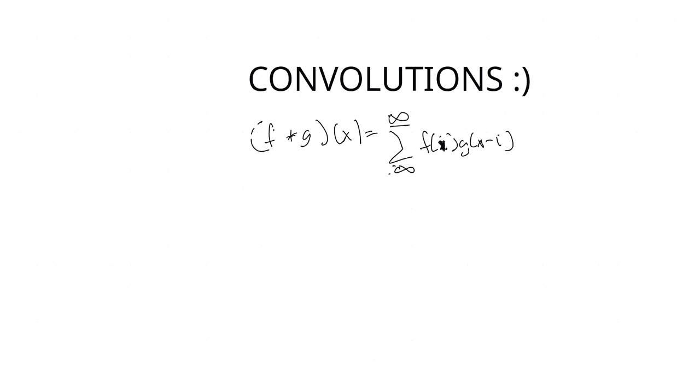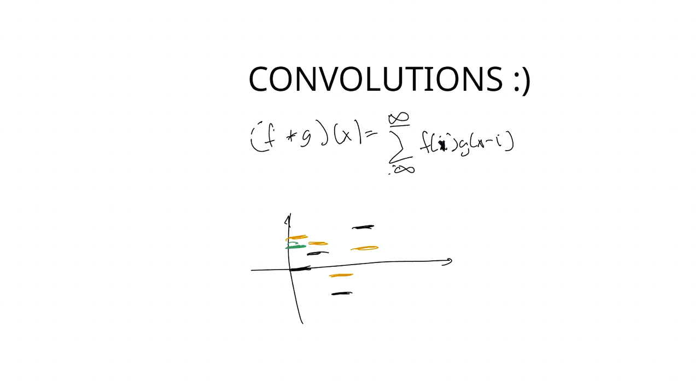So basically, for example, you're taking the convolution of a function that's like this. Remember, these are integer functions, so they look like stair steps. And with a function that looks something like this, you reverse the second function into something like this.